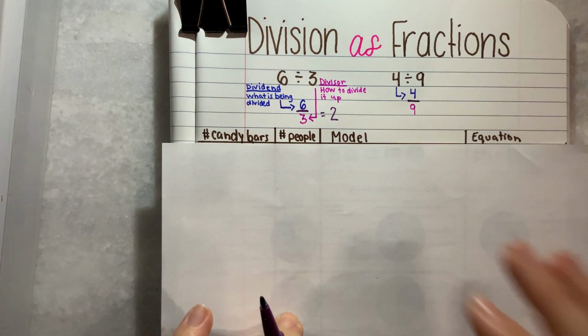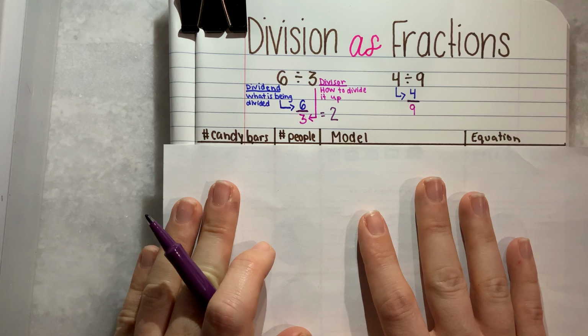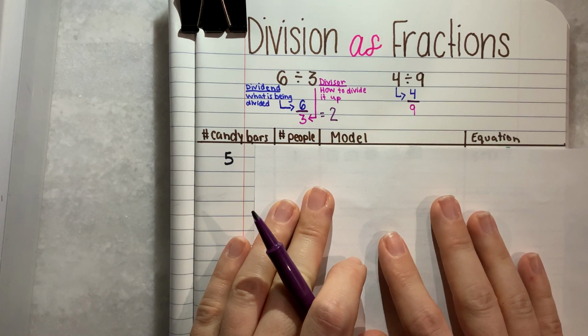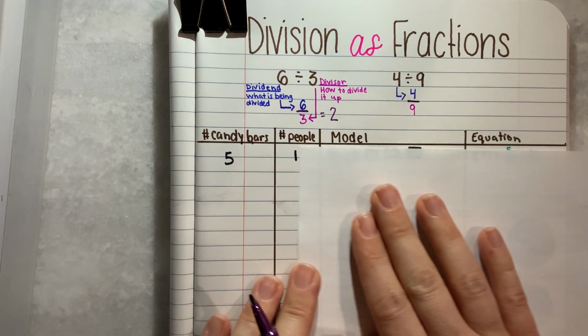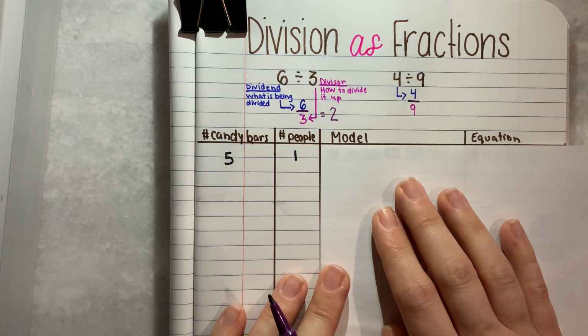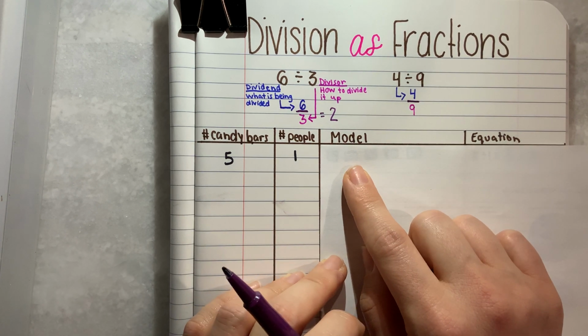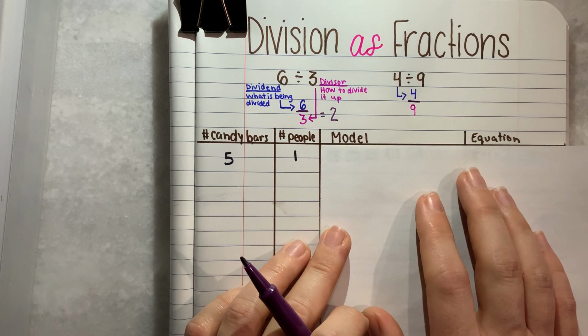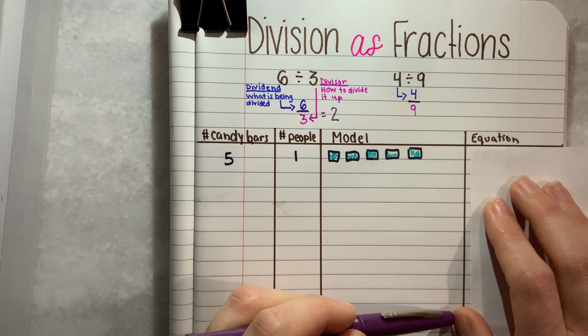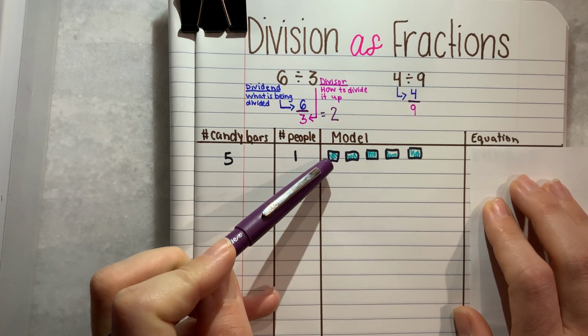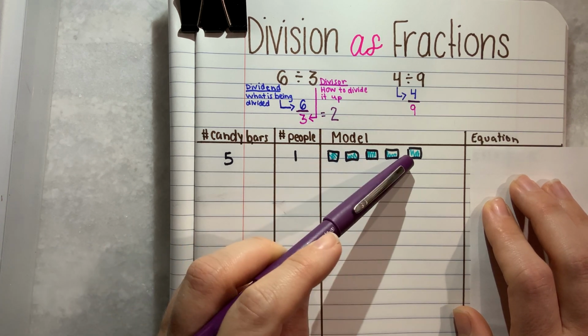So in my first example, I have 5 candy bars, but I am only sharing them with myself, just one person. So I get all 5 candy bars.